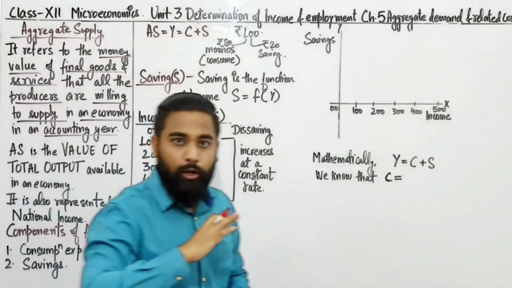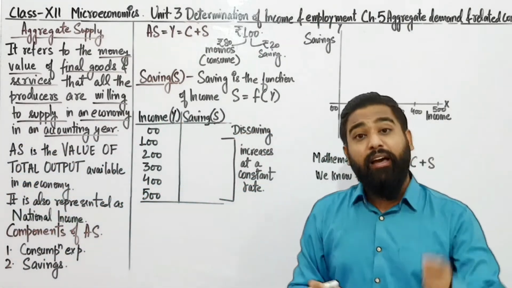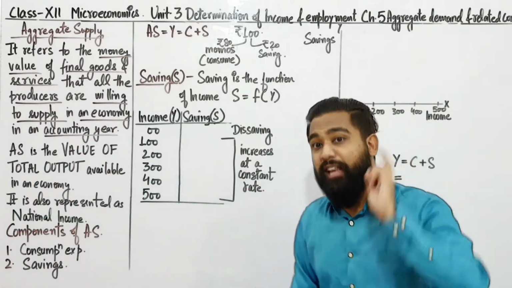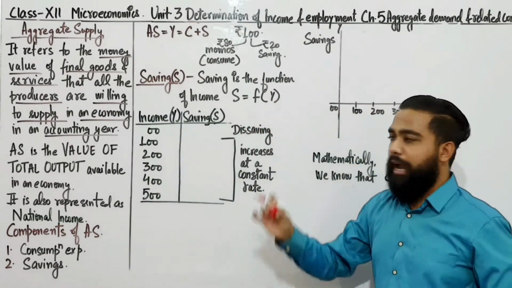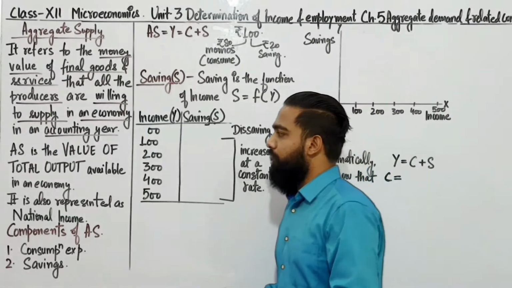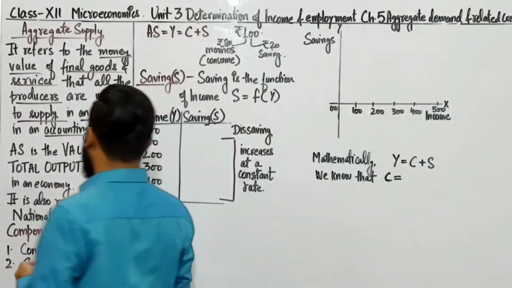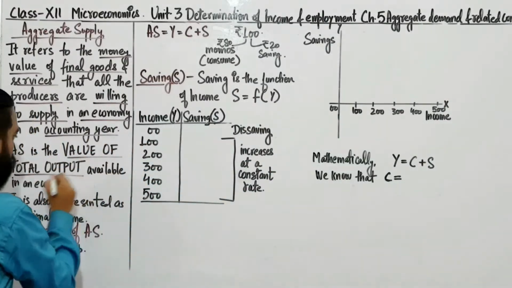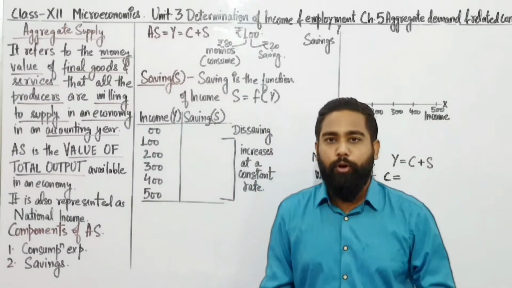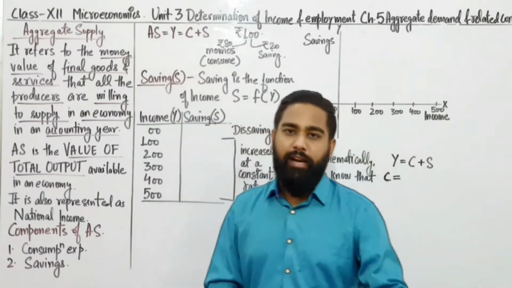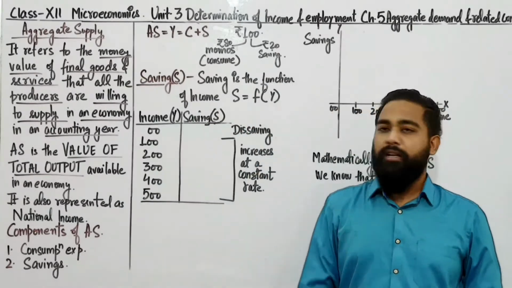They have not supplied yet. They are willing to supply that amount of goods and services in an economy in an accounting year. Basically, we are talking about the value of total output. What value of the output they are willing to supply in an economy, that is the aggregate supply.